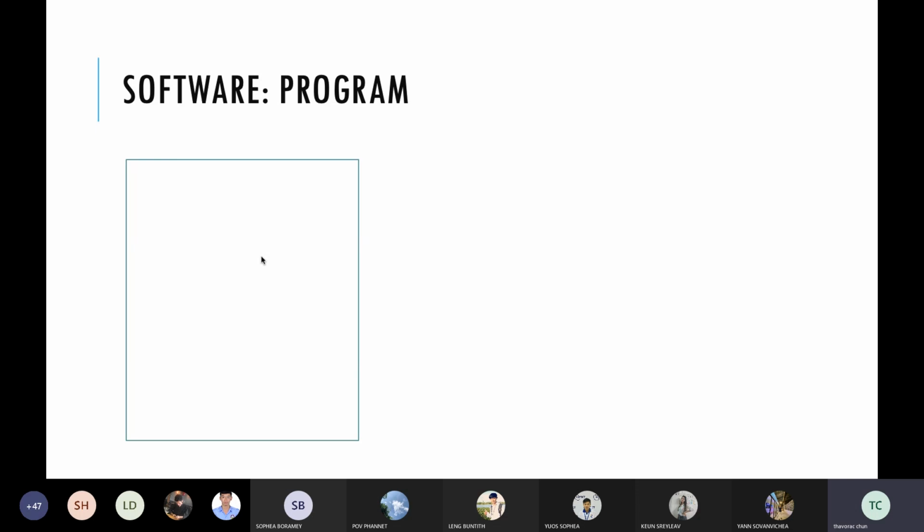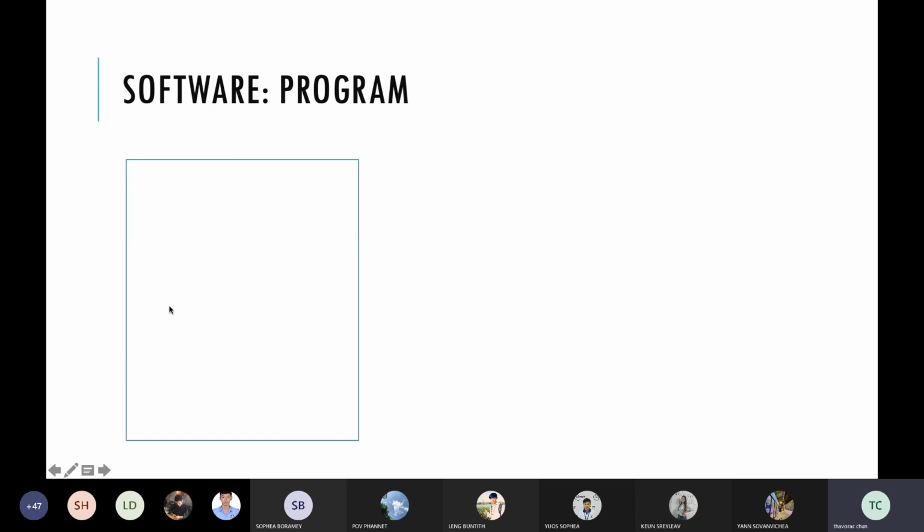A vacuum tube is a very big device that was used to operate inside a computer, which was later replaced by the transistor, because the transistor is a lot smaller and more powerful. And then we have the integrated circuit, which was introduced in the 3rd generation. And then we have the microprocessor in the 4th generation. And until now, we talk about the software, which is the focus of the 5th generation. And currently, we are in the 5th generation of the computer.